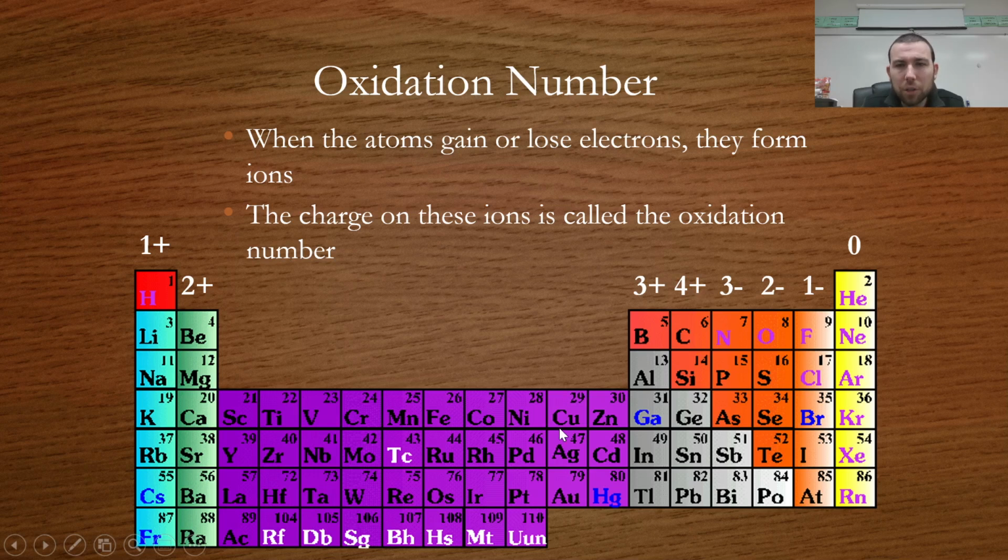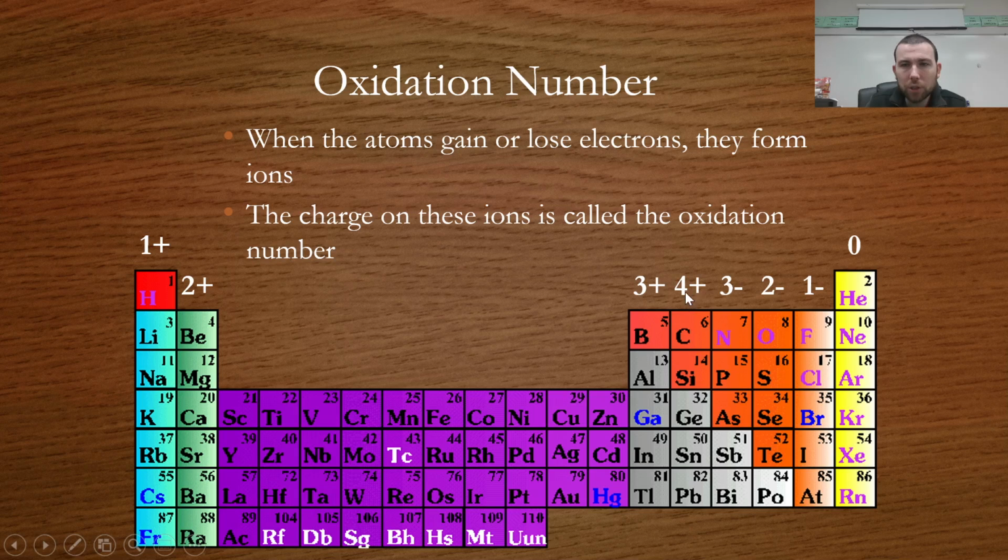We're going to skip the transition elements that are in purple here, and shift over to column 13. Elements in column 13 tend to have a +3 oxidation number, so from boron to thallium. Elements in group 14 have a +4 oxidation number, so from carbon down to lead.